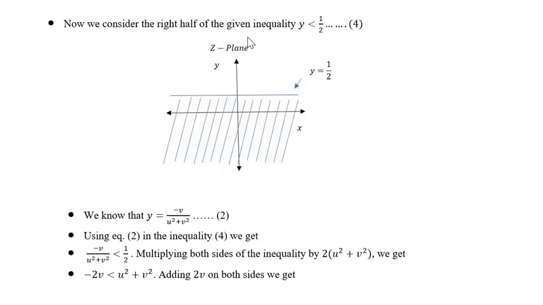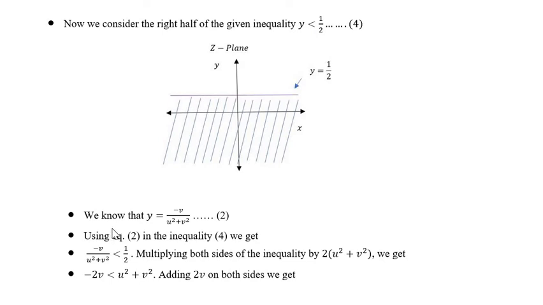Now consider the right half of the given inequality, y less than 1 by 2. Let us denote it by inequality 4. This is the line y equal to 1 upon 2, and obviously the region below this line is the region y less than 1 by 2.